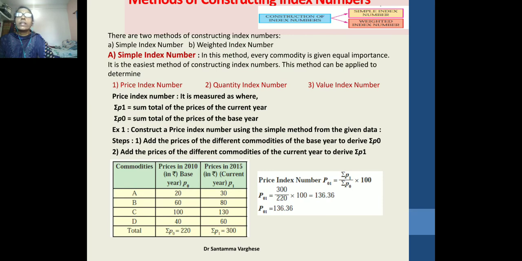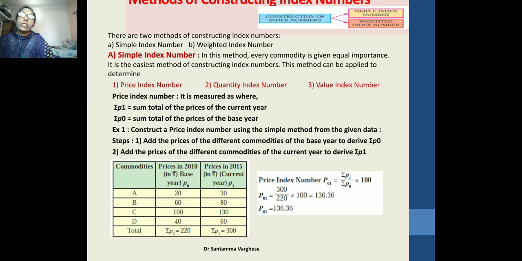Two. Which are there? Simple index number, weighted index number. Now we are studying about the simple index number. In simple index number, there are three methods: price index number, quantity index number, value index number. In price index number, how we are going to calculate the index number?